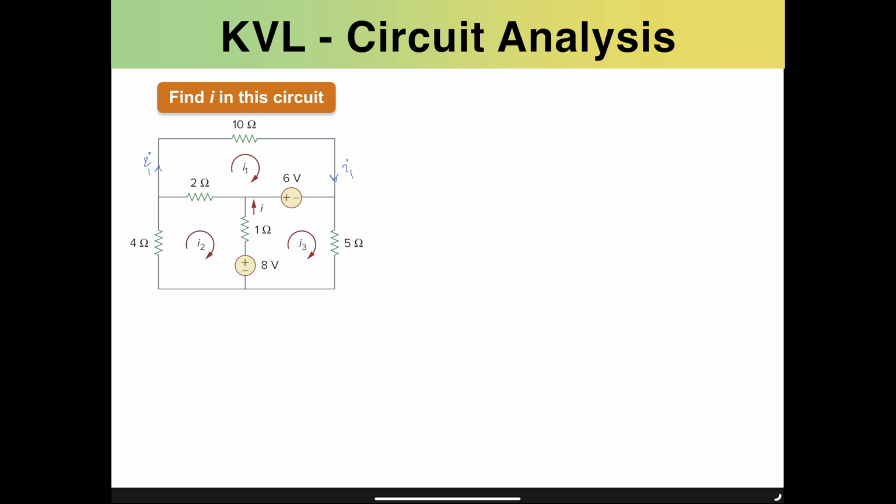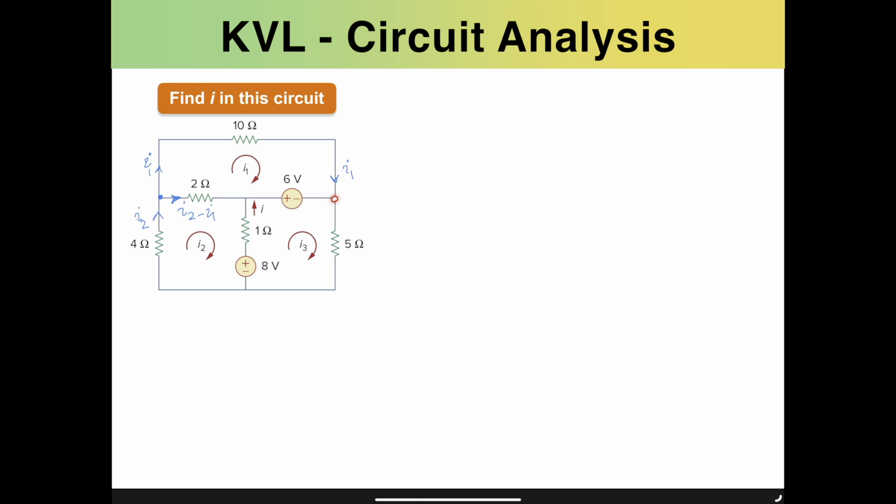Also, I2 is moving up through 4 ohms. At this node, I2 is going to be subtracted by I1 going to the right direction, so it will be I2 minus I1.